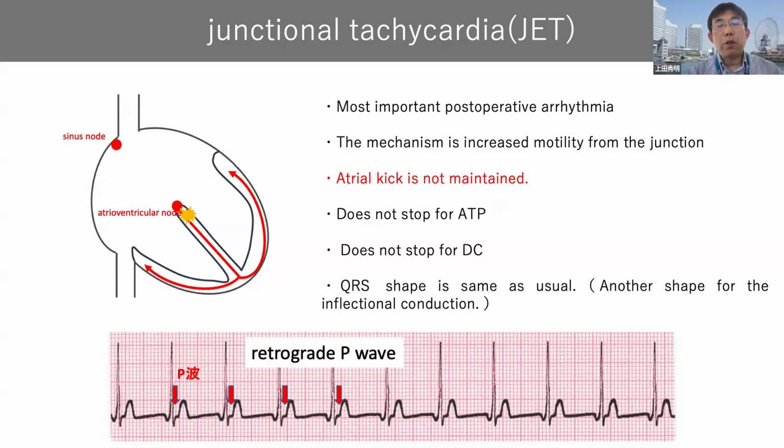So initially, we should stop it as soon as possible. We may give amiodarone, or intubate and keep the patient in hypothermia, because there are not many efficient ways to stop it.